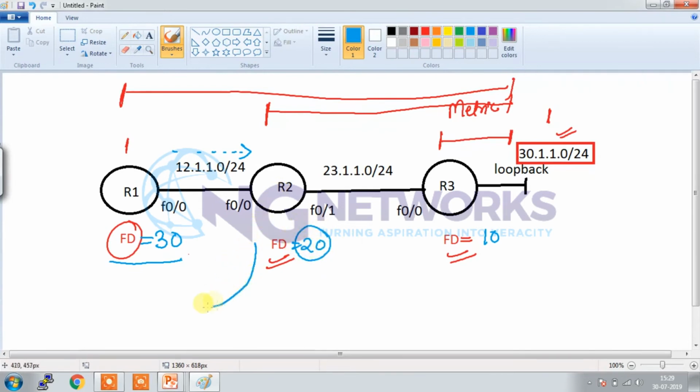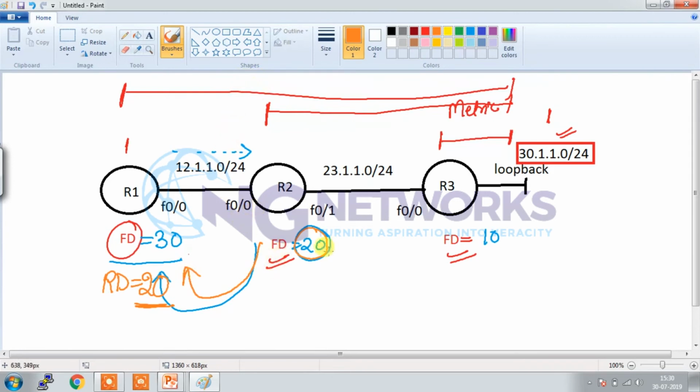R2 will report this FD to its neighbor R1, saying that it has an FD of 20 to reach the 30 network. Then it becomes the RD for R1: my RD is 20. That means the distance reported by my neighbor, the metric which is reported by my neighbor.